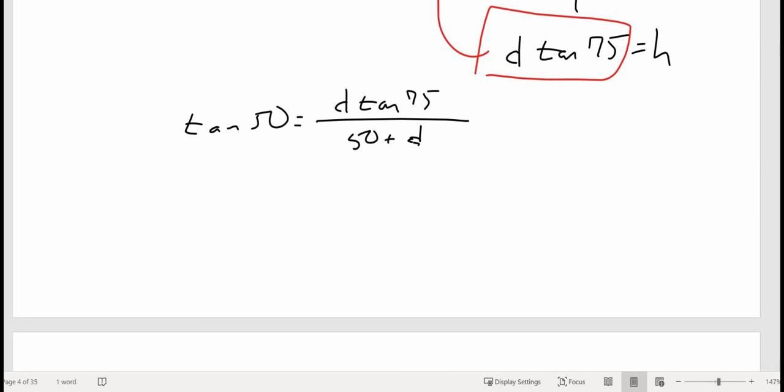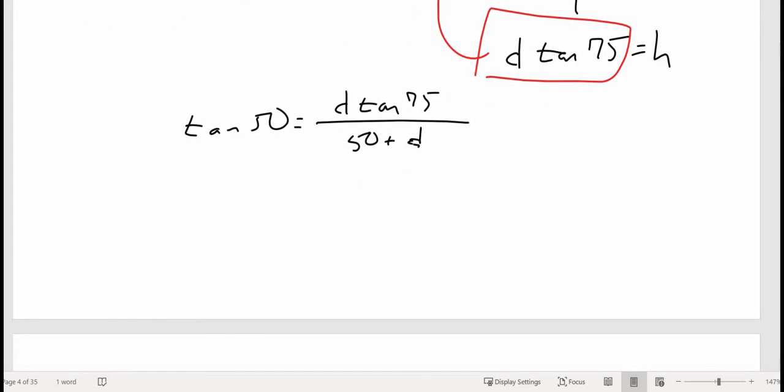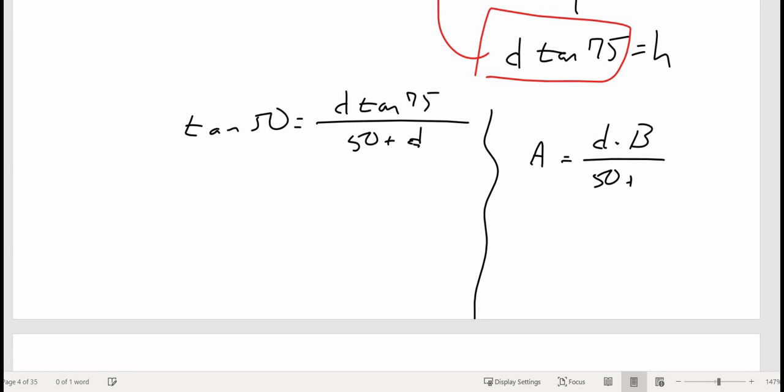It starts looking a little funny, right, with all the letters running around. Like I said, a lot of times, you've got to be careful in your own mind keeping track of stuff. Some people would just rather, instead of having tangent of 50, use an A as a placeholder. Then you could use like B as a placeholder for tangent of 75, if that makes you feel better.